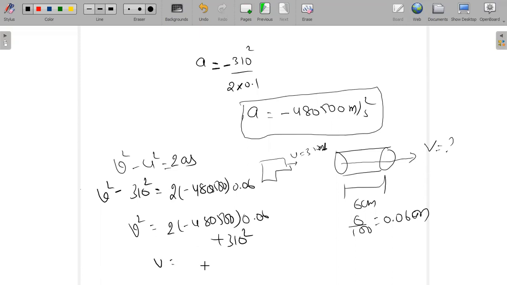So v will be the square root of 2 into minus 480,500 into 0.06 plus 310². So what is the answer you are going to get here? I want the answers from you, please. I don't have calculators. Fast.